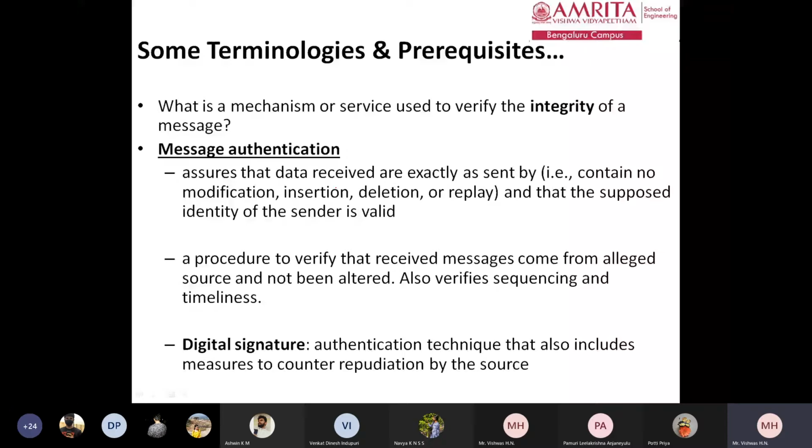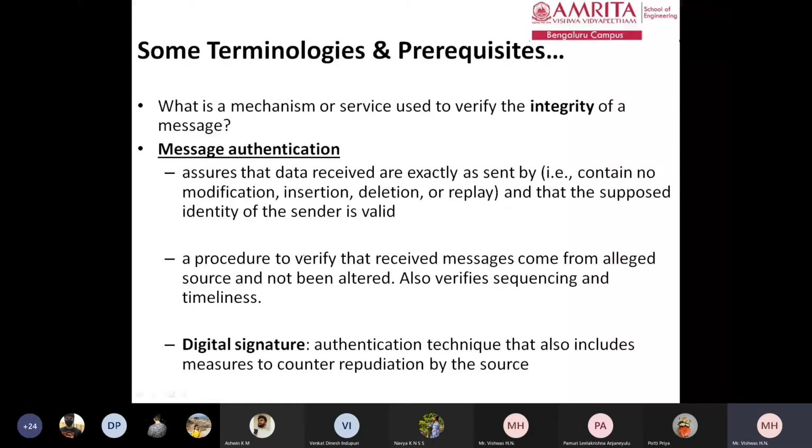Basically, when you are proving authentication, you will prove integrity also. It is a procedure to verify that received messages come from alleged sources and have not been altered. It also verifies sequencing and timeliness. Digital signature authentication technique also includes measures to counter repudiation by the source.